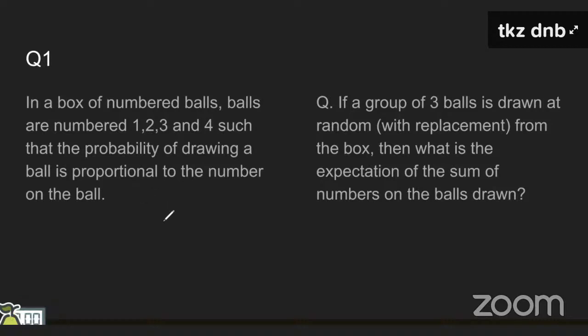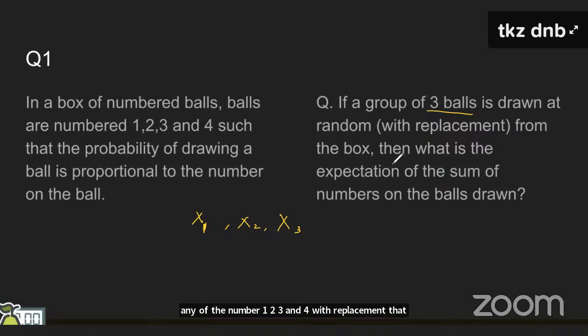In this question, they have picked 3 balls, drawn at random with replacement. Let's say X1 denotes the number on the first ball, and similarly X2 and X3. These all 3 can take any of the numbers 1, 2, 3, and 4 with replacement, which means they can all take 1 also.